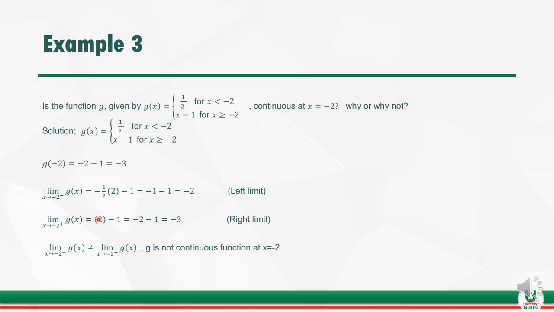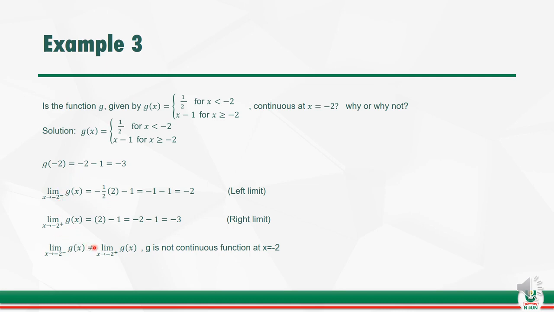Minus 2 minus 1 will give you minus 3. This will give you minus 3. Then you can see the left limit and right limit are not equal.